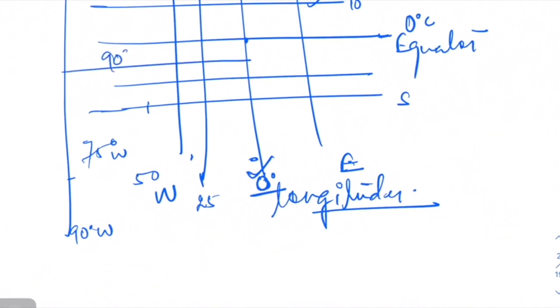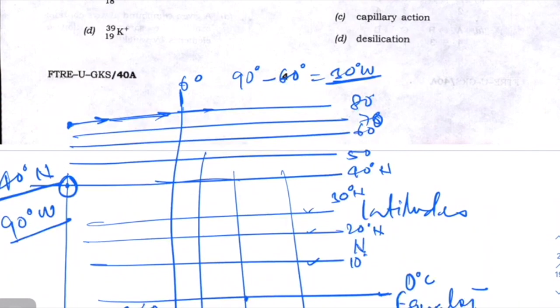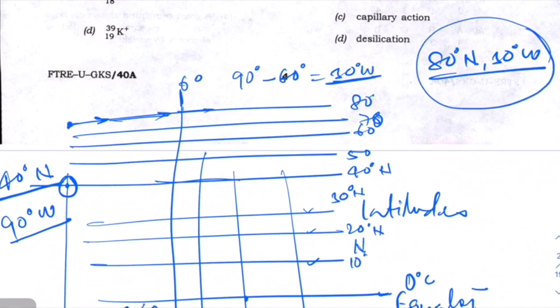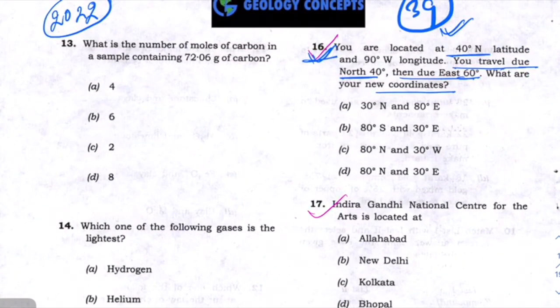The gap is 90 degrees and you have traveled just 60 degrees, so you are still at 30 degrees west, right? So your current location would be 80 degrees north and 30 degrees west. These are your current coordinates. So 80 degrees north and 30 degrees west should be the right answer, right?